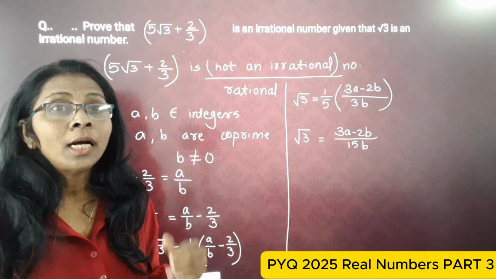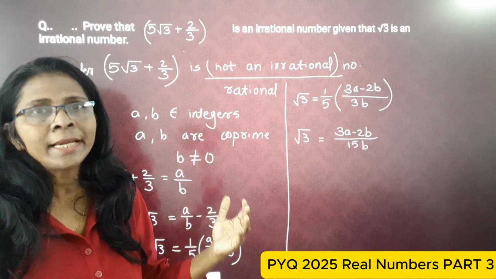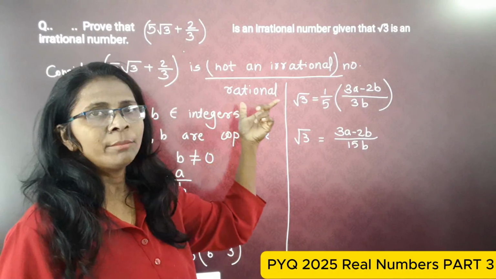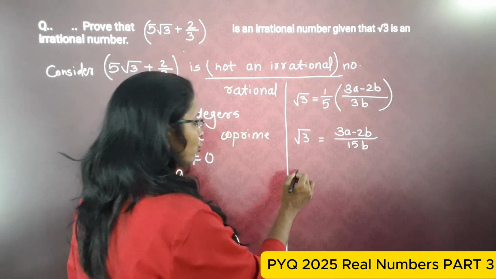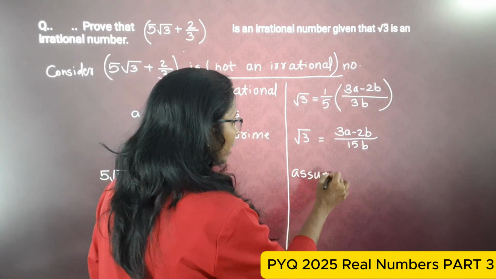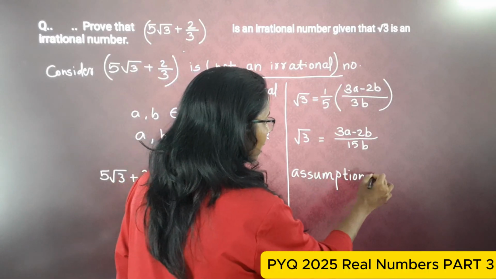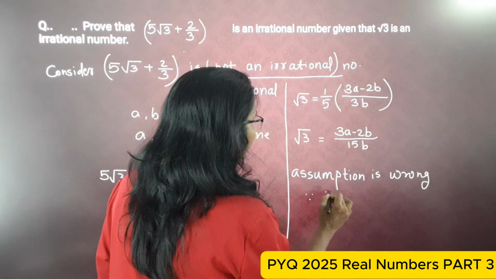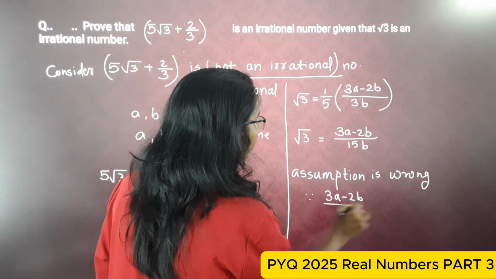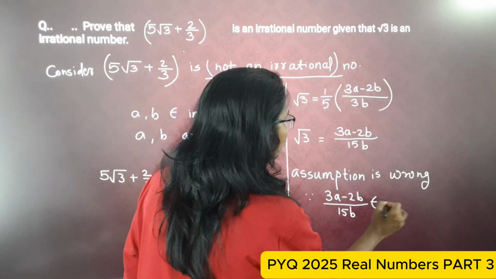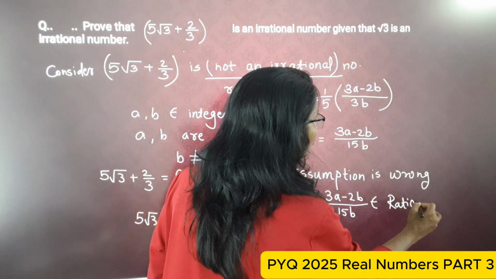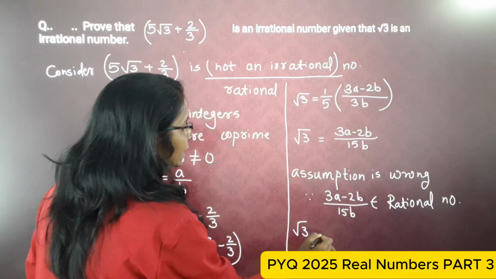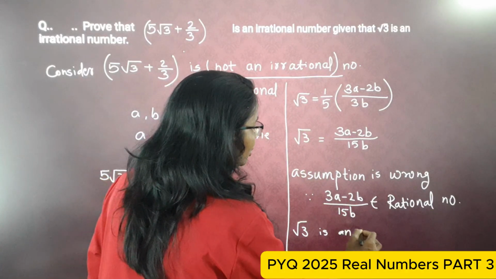So our assumption contradicts this. We assumed that 5 root 3 plus 2 upon 3 is a rational number, but our assumption is wrong, because 3a minus 2b upon 15b belongs to the rational numbers, while root 3 is given to be an irrational number.